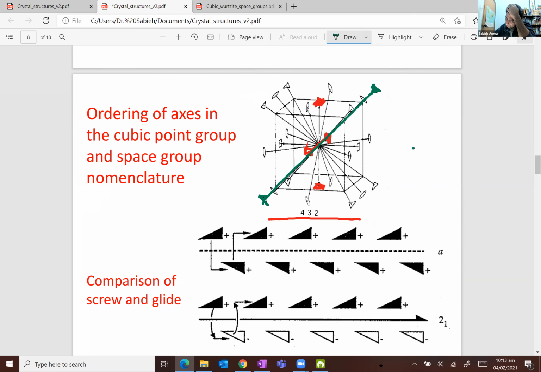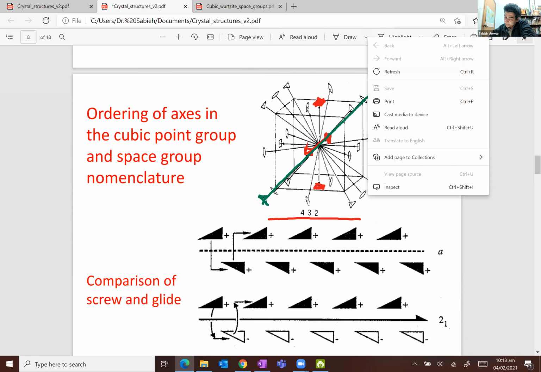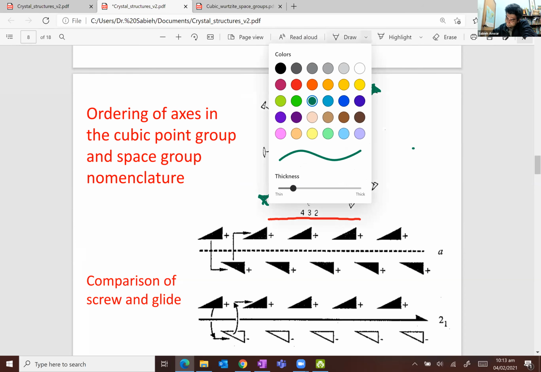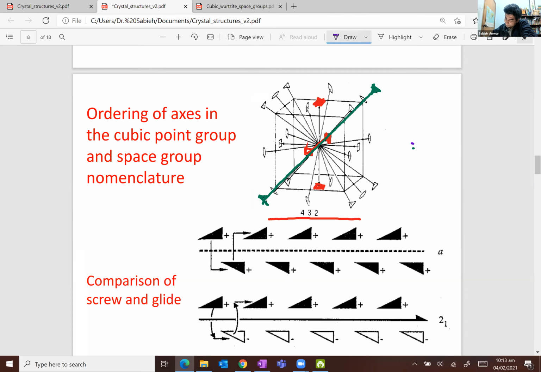And then there's a two-fold rotation axis along the face diagonal. So if I were to draw the face diagonal, I could take this point. They've drawn it by this axis here, okay?